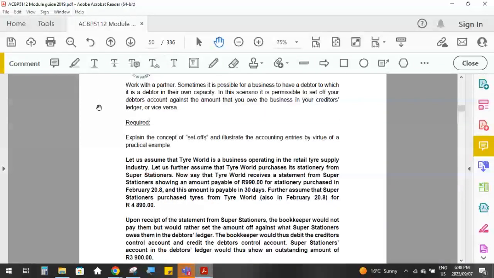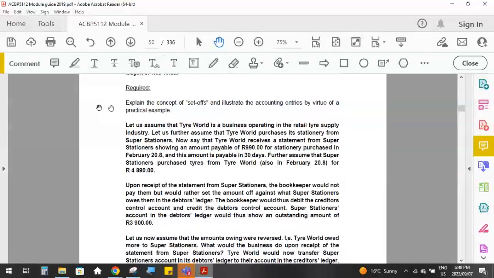Okay, so something else I want to just go over with you guys is this concept of set-offs, because it's not really explained that well or in that much detail in your textbook. What happens in business is that quite often somebody that is one of our customers that purchases from us could also be somebody that we buy goods from as well.